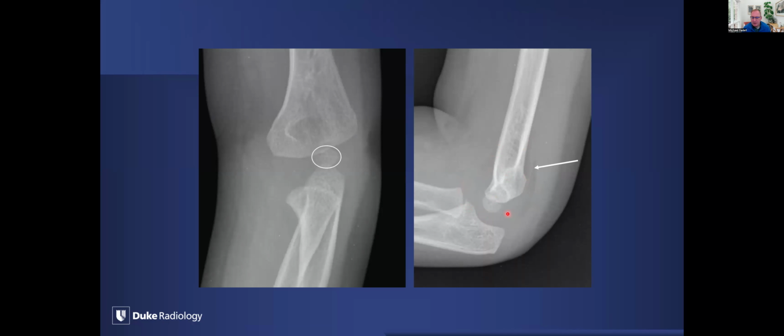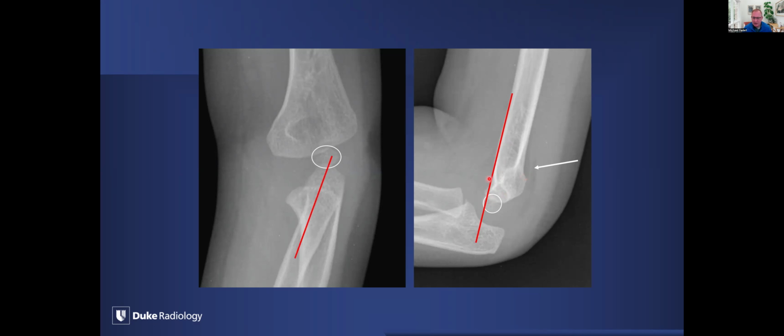Let's see, we identify our capitellum. We draw our anterior humeral line, and it goes through the mid portion of the capitellum, but just barely, right? So we probably want it here. So this looks like potentially a subtle supracondylar fracture.